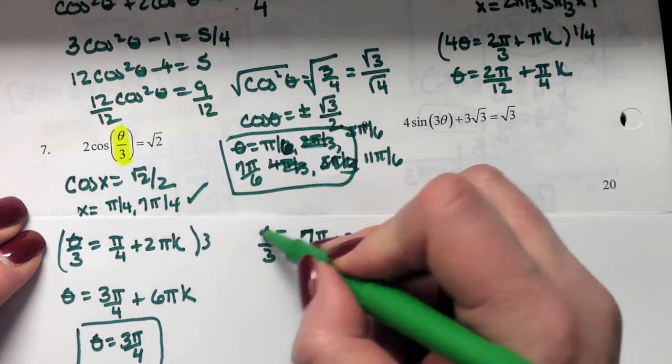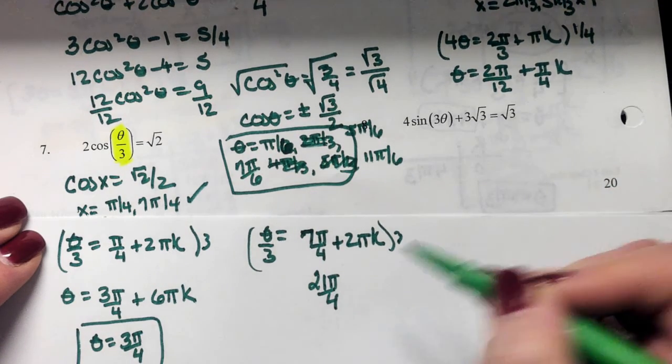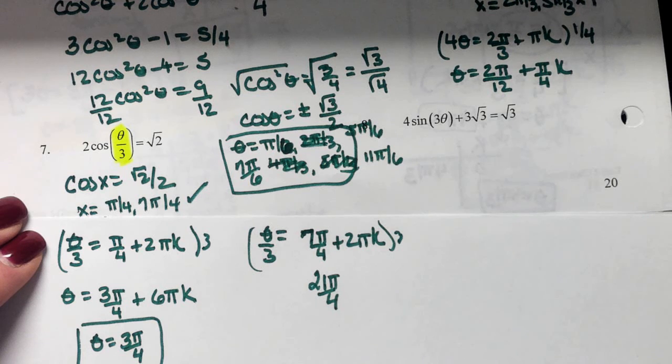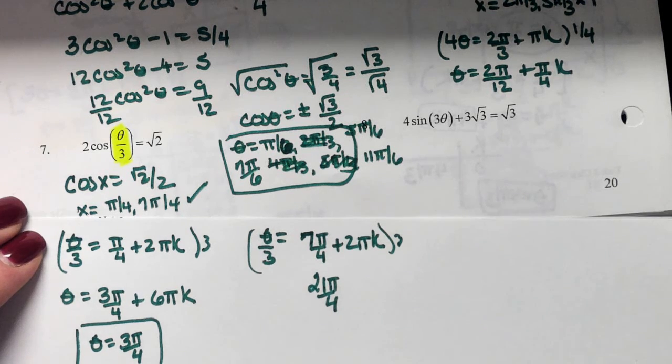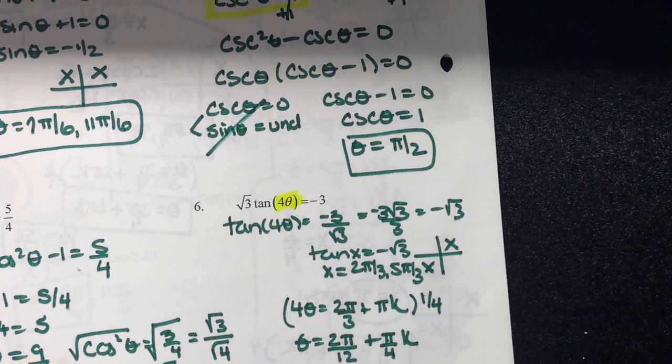Exactly, because when I multiply by 3, this is going to be 21 pi over 4. Is 21 pi over 4 already larger than 2 pi? Yes. So you only have one solution there, 3 pi over 4. You guys go ahead and try the last one for me on your own. Probably need a separate sheet of paper on that one.